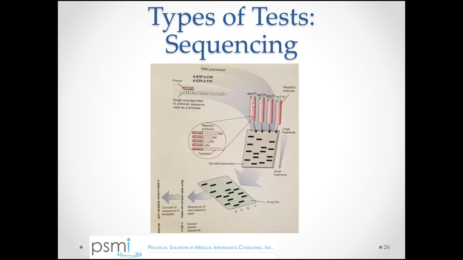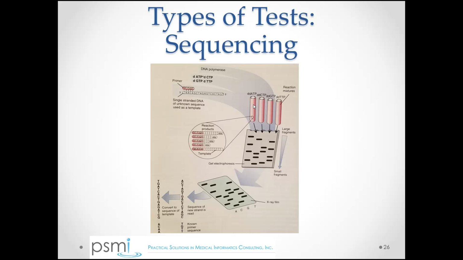So he's got the A, the G, the C, and the T. But he also threw in modified bases, or what are called chain terminating bases, dideoxynucleotides. And in this test tube, there is the dideoxy ATP. Then in this test tube, it's the C, the G, and the T.